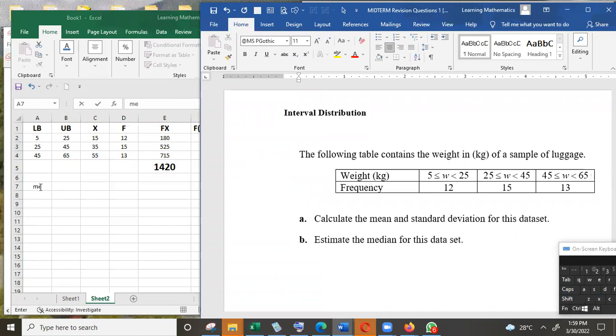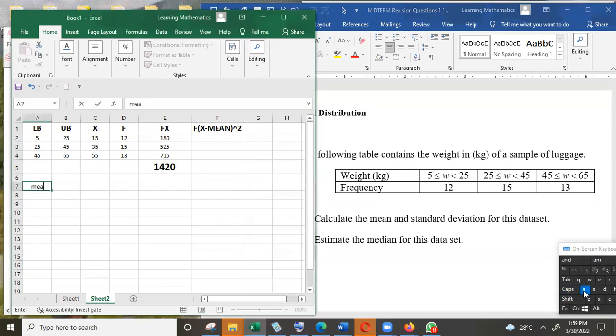Mean is equal to this fx over the sum of f. Oh, I did not find the sum of f, so we have to find the sum of f. We can just drag the sum formula. Okay, it's the sum of fx over the sum of f. So mean is equal to E5 divided by D5. Okay, so that's our mean right here.